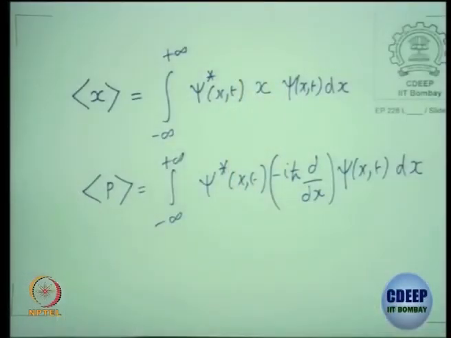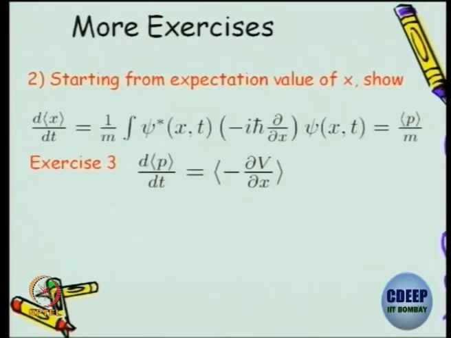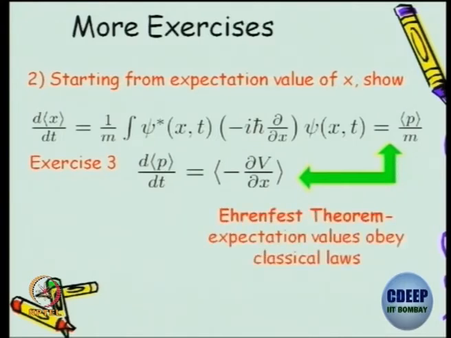Please verify this and we could have a discussion in the tutorial session on Monday, okay, if you are not able to prove it. But please try to do it. Okay. So, these classical laws satisfied by expectation values in quantum physics come under the title Ehrenfest's theorem. Expectation values obey classical laws.